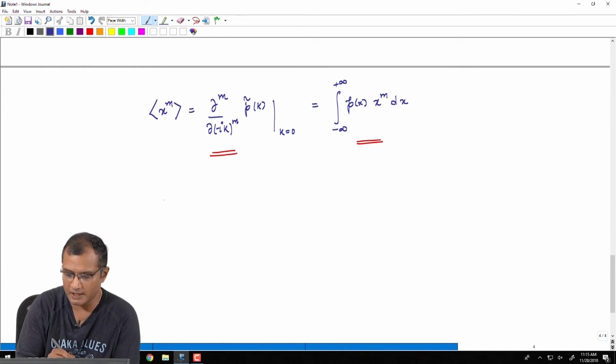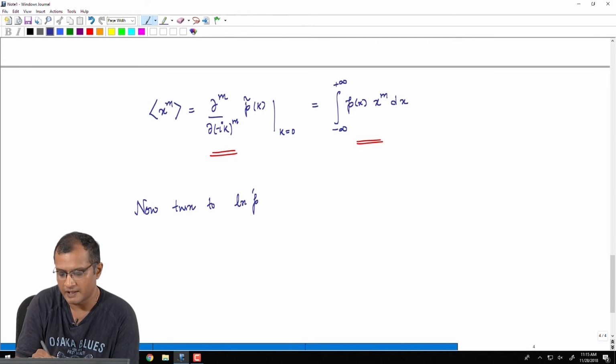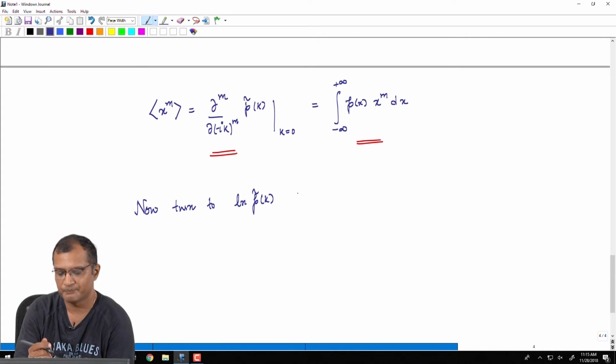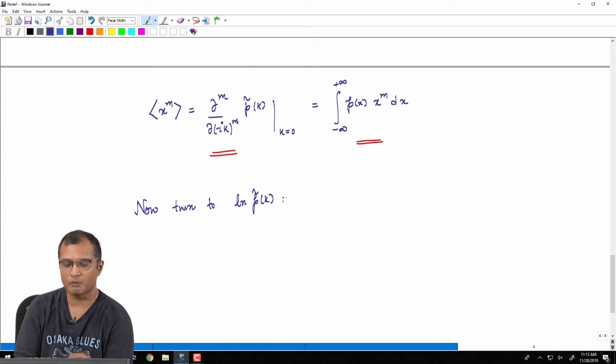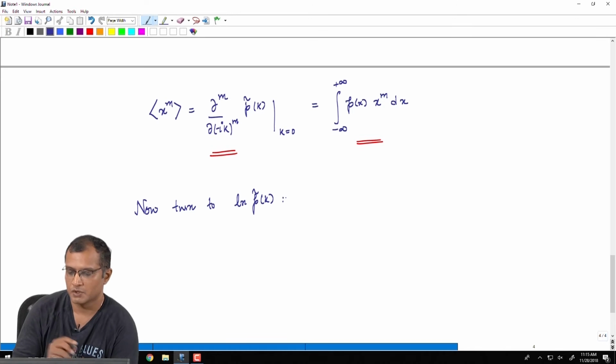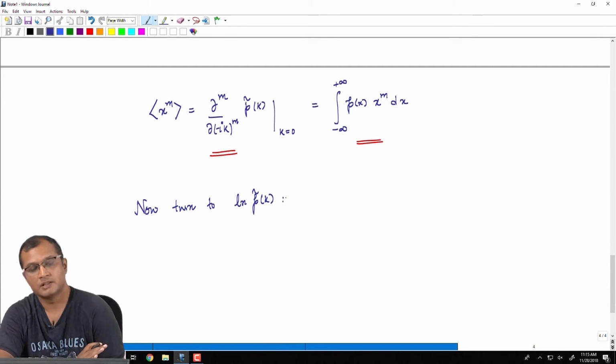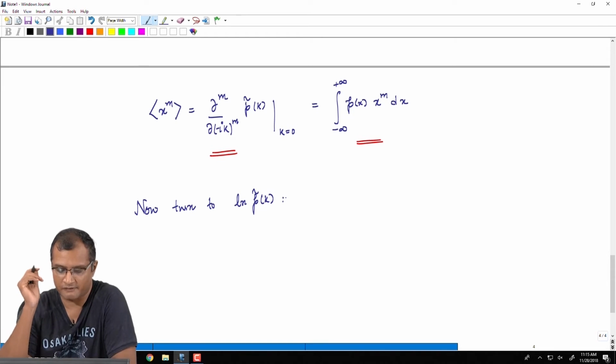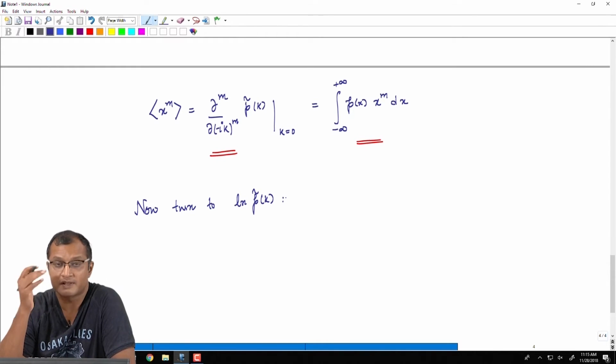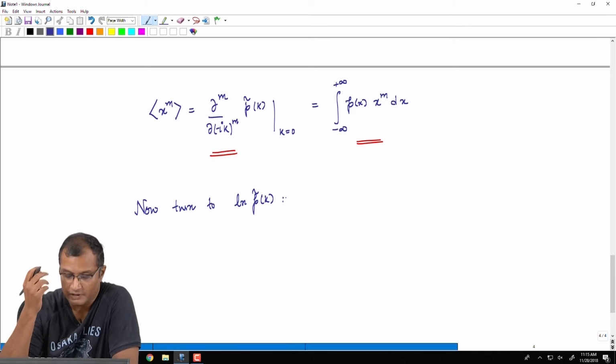So, you can now turn your attention to the logarithm of P of k, and I am going to tell you that this is also a very important object, and it will become clear in a moment why this is important. Okay. So far we have found a prescription to generate moments from the characteristic function. Let us see what is the logarithm of a characteristic function, ln P of k.